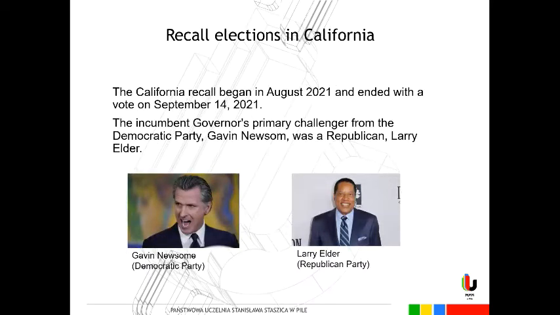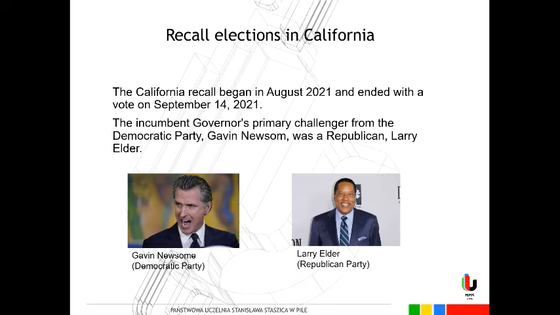So in our study, we focused on the recall elections in California, which were held last year, in 2021. The whole idea was about comparing the communication strategies employed by two rivals running for the governor of California office.